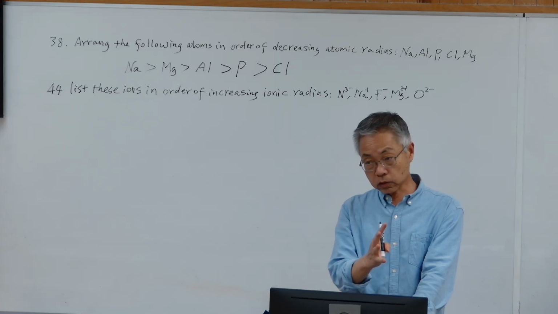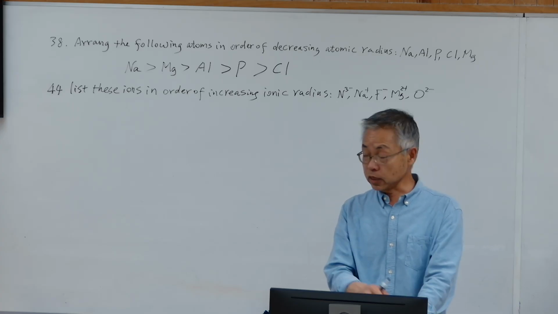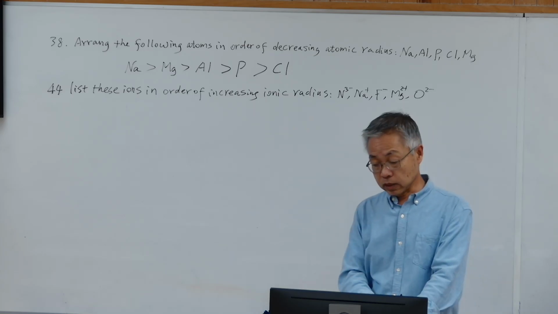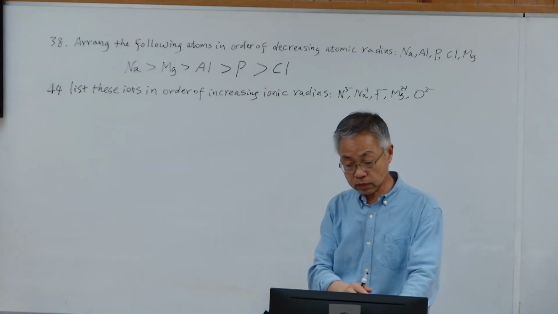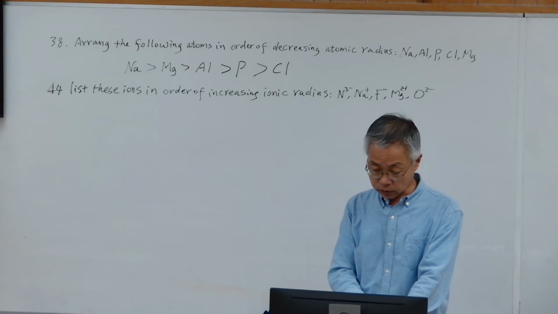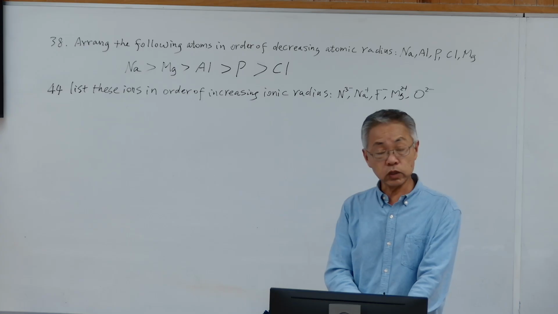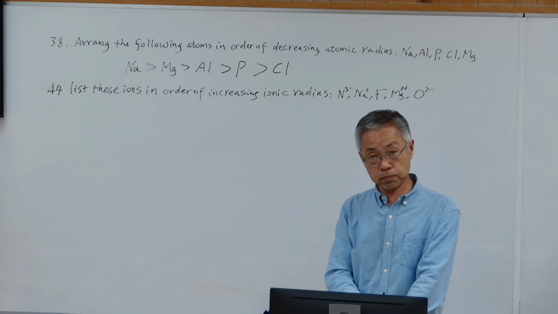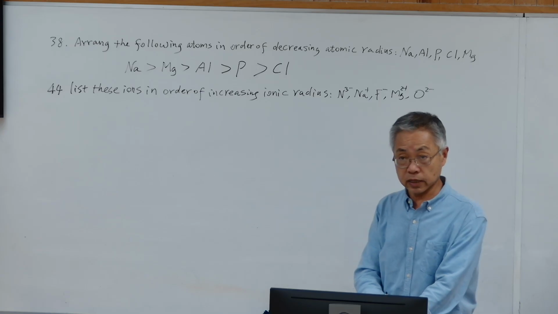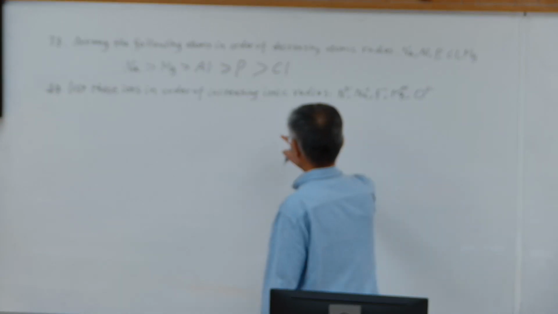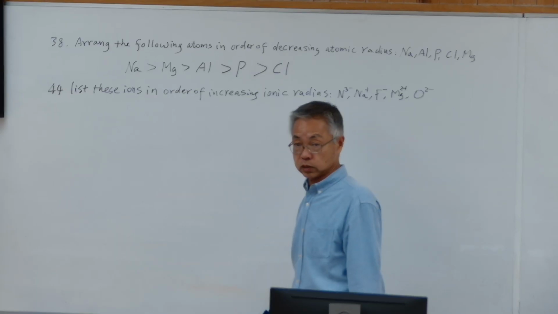If more protons, then attractive force is stronger, then smaller size. Since all these ions have the same number of electrons and same electron configuration, the only difference is proton number. Which one has the largest proton number, its attractive force is strongest, then its size will be smallest. So increasing ionic radius means place the smallest radius first.